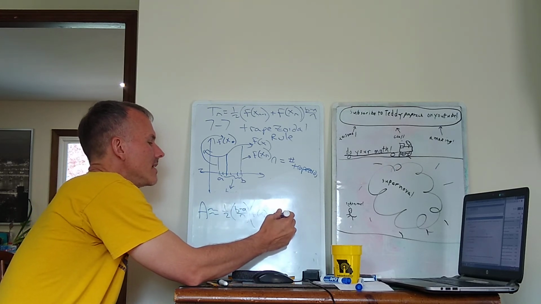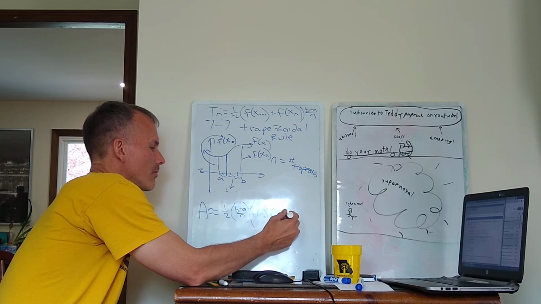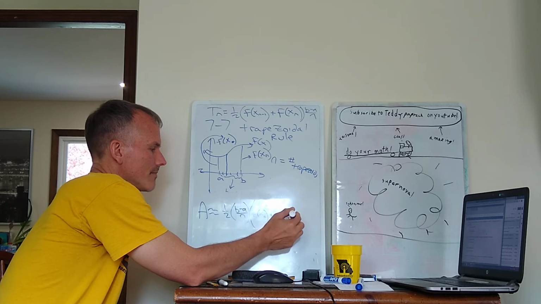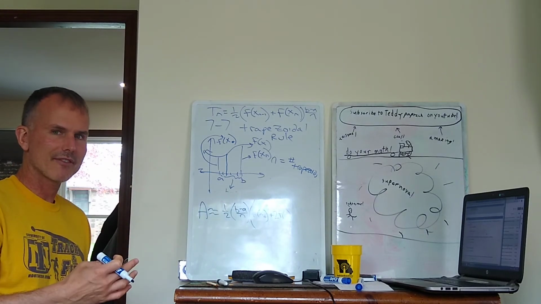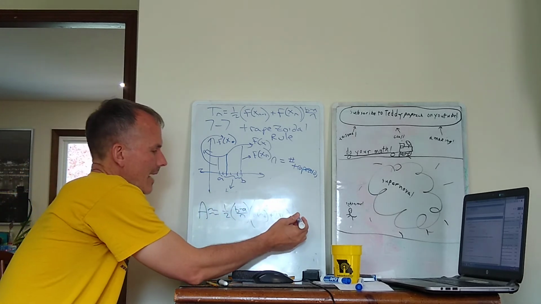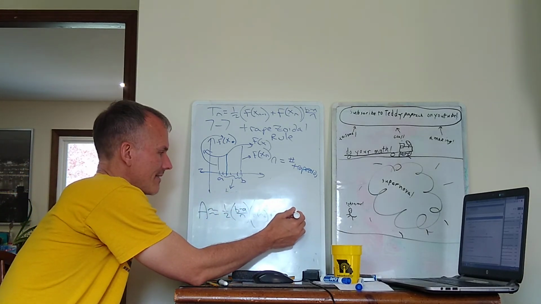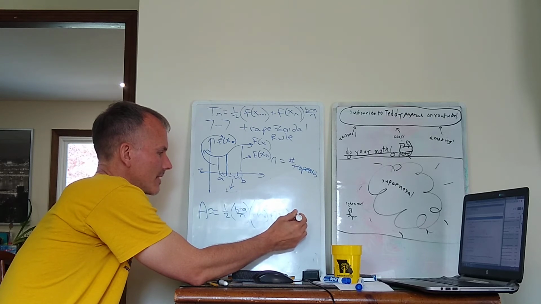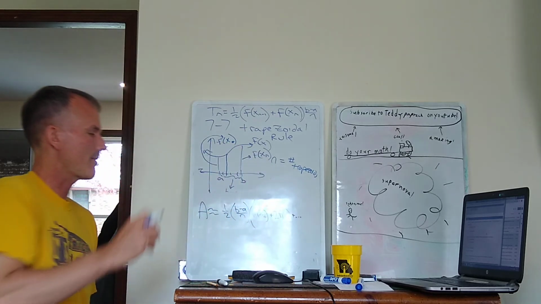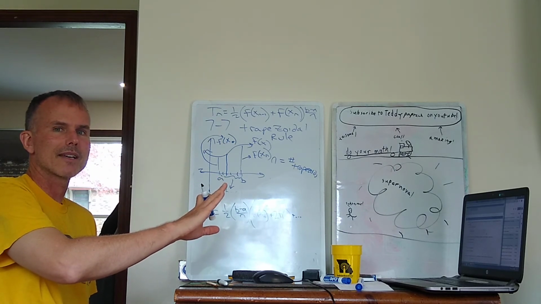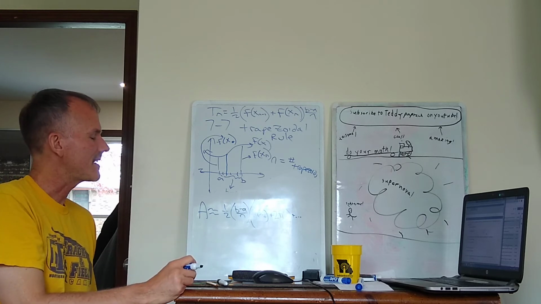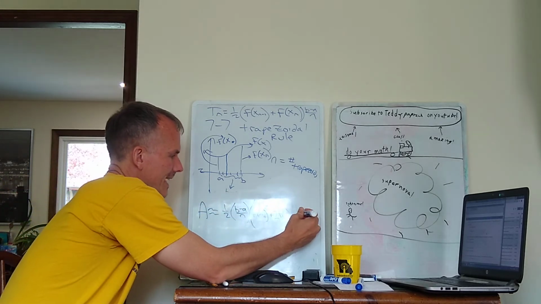So I'm going to write 2 times f of x sub 1. Then plus 2 times f of x sub 2 plus 2 times f of x sub 3. I don't know how many total trapezoids there are going to be, so I'm going to write plus, and put an ellipsis here, 3 dots to indicate that for the general case we're not going to be able to write out all of the bases. And then it's going to be 2 times the second to the last.